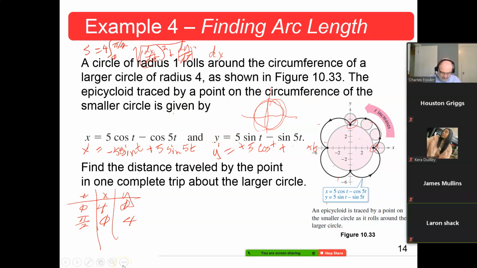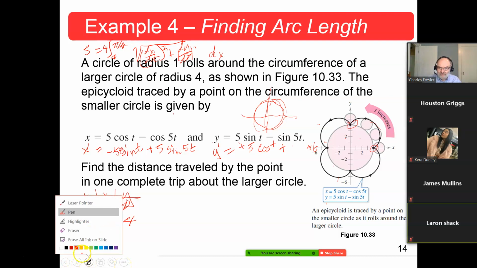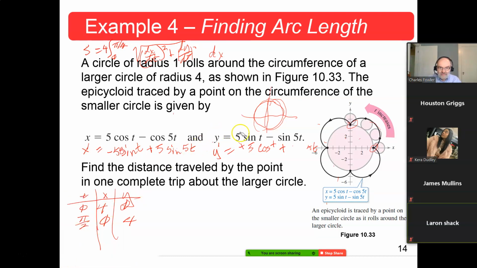And this is going to be a minus 5 times the cosine of 5t, and that's what we've got there. So we've got our primes there.